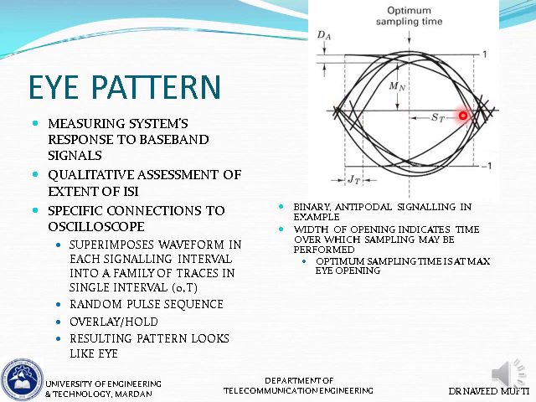But there is an optimum sampling time, which is when we have the maximum eye opening. In this figure, the maximum opening of the eye is probably at this time here, so that becomes the optimum sampling time.